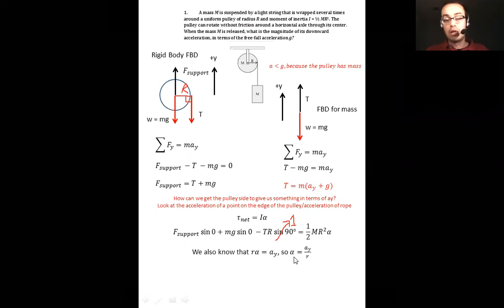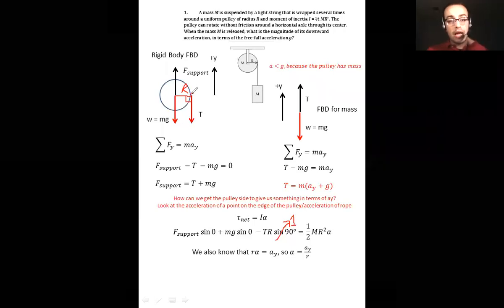So again, the linear acceleration of this point right here, that linear acceleration ay, is the tangential acceleration of this particular system, and we know that that is r alpha. So we can now solve for alpha, and we say that alpha is equal to a sub y over r, and that gives us something that we can substitute.